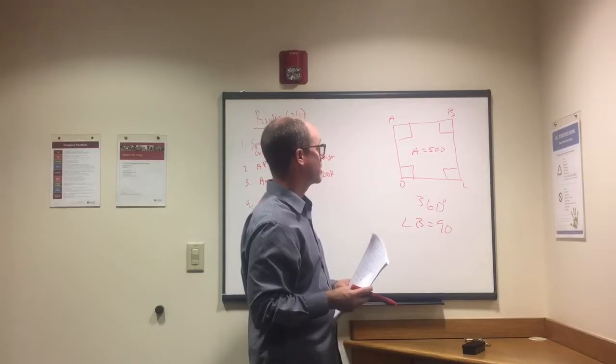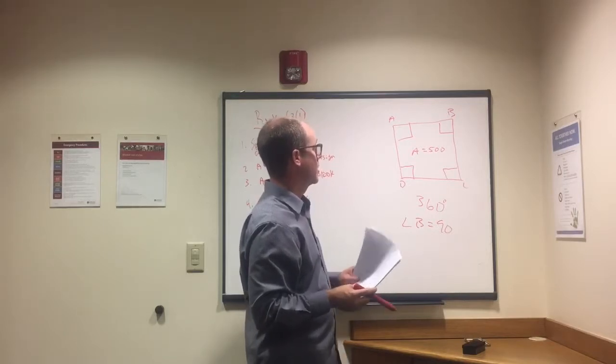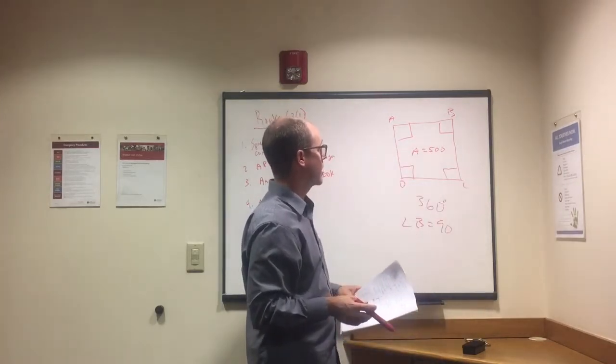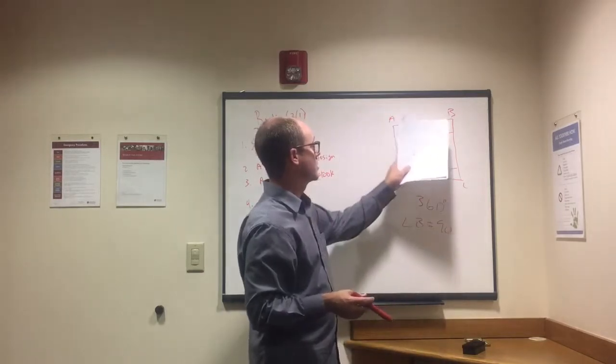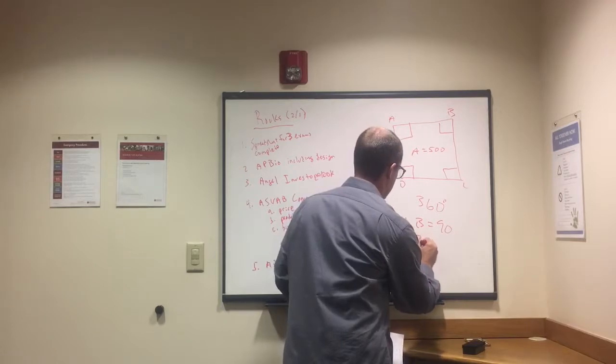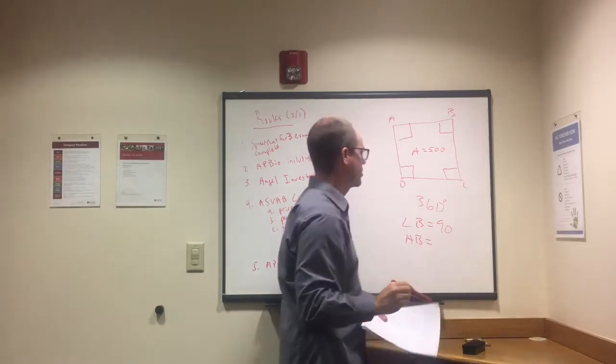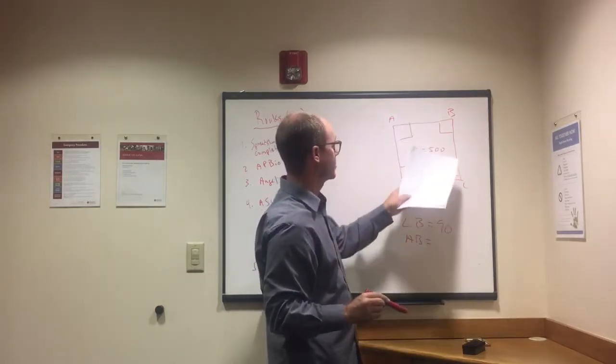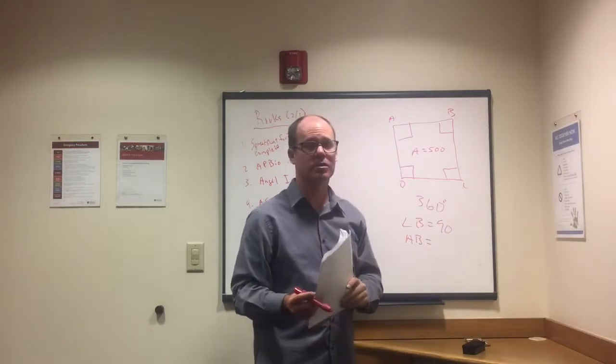What would be another one that you could have? Given that area equals 500, what is the length of line AB? We know all 4 of these sides are going to be equal.